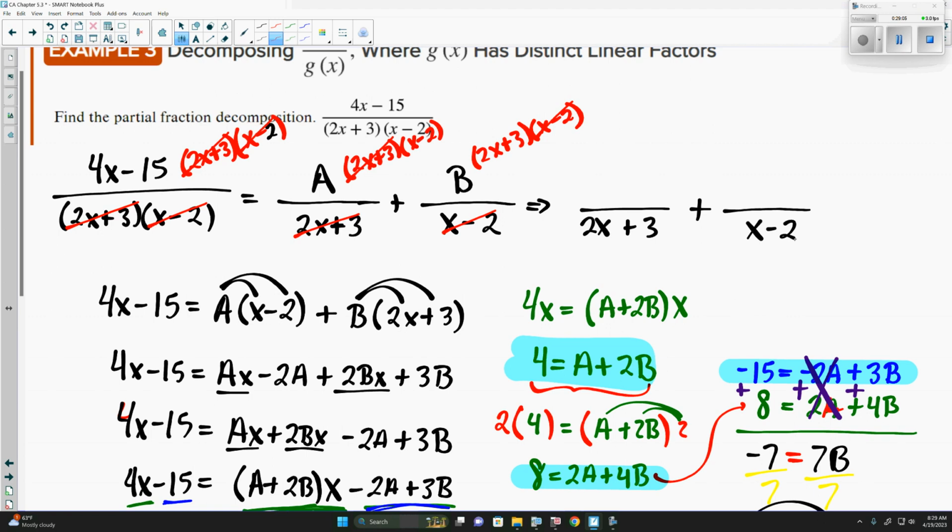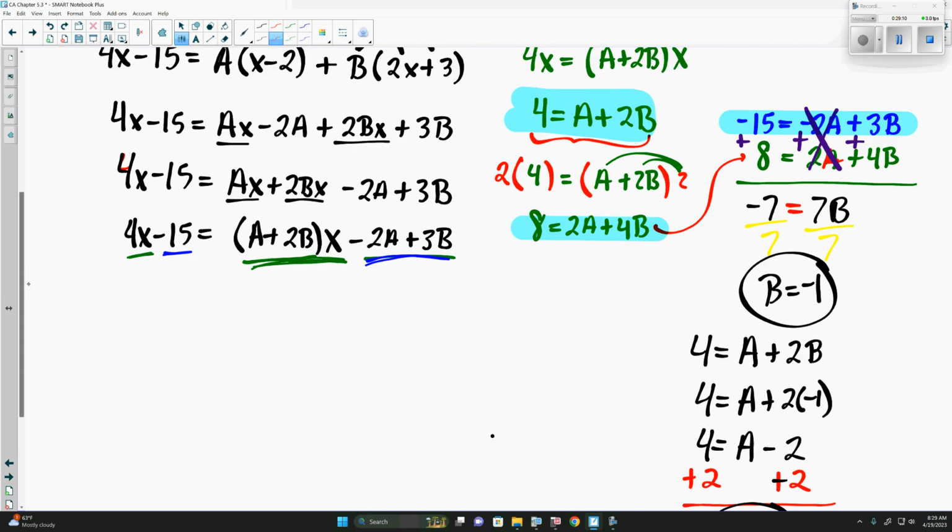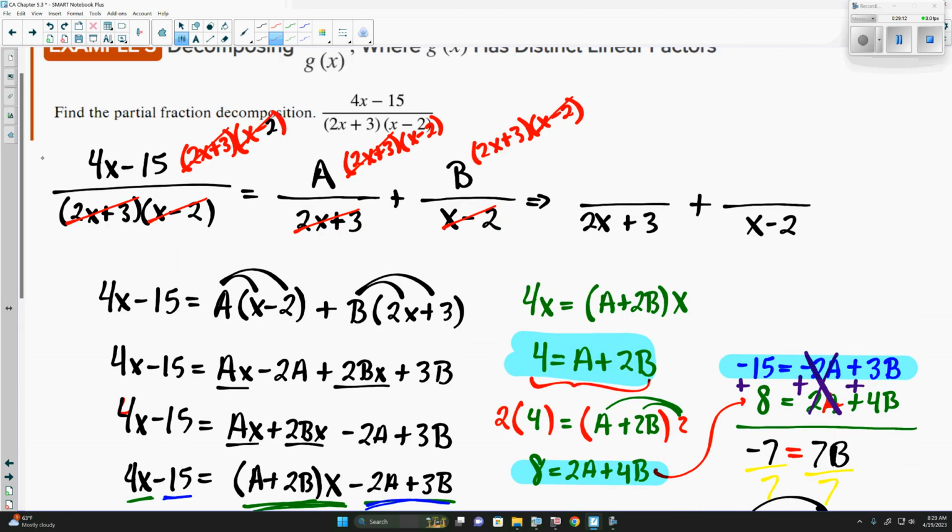So what we're going to do is plug back in our values of a and b in their respective positions. So a was 6, b is negative 1. And that there is the final answer.